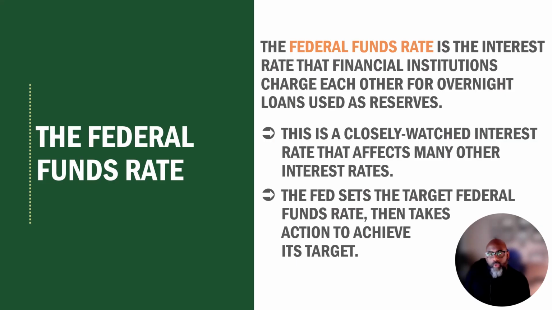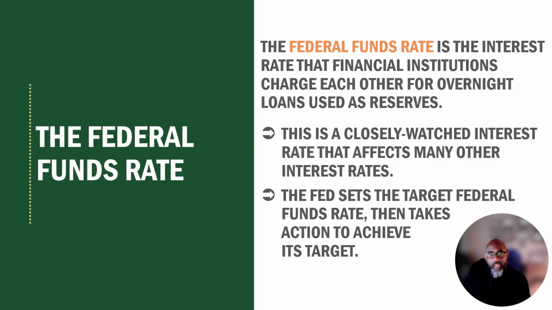The federal funds rate is at the heart of how the Federal Reserve carries out monetary policy. This is the interest rate that banks charge each other for overnight loans of excess reserves. When a bank is short on reserves, say due to unexpected withdrawals, it can borrow from another bank with surplus reserves at this rate.